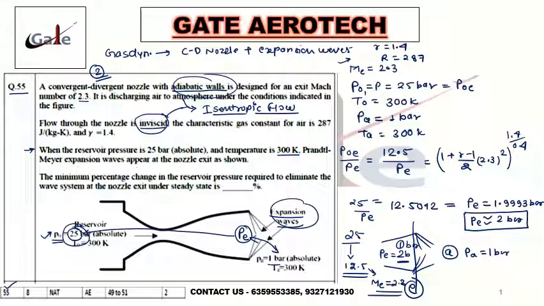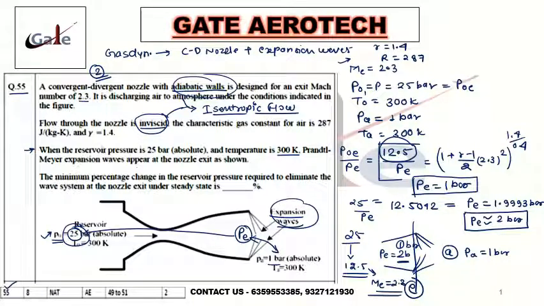Now solve this equation for PE, you will get 1 bar. So now I have 1 bar already, provided you have changed the reservoir condition to half the value, from 25 to 12.5.